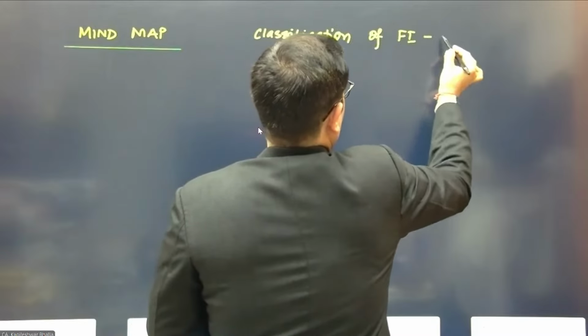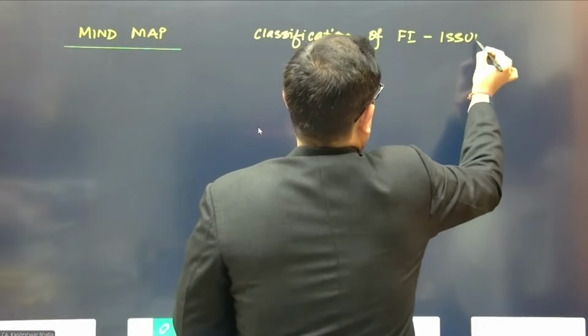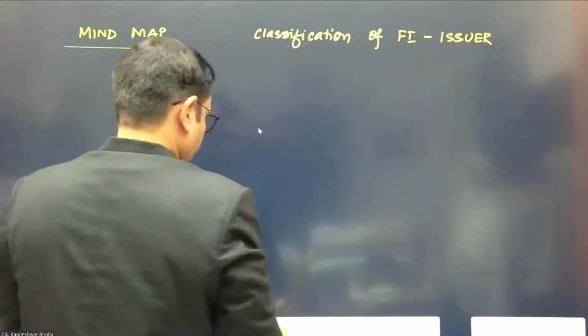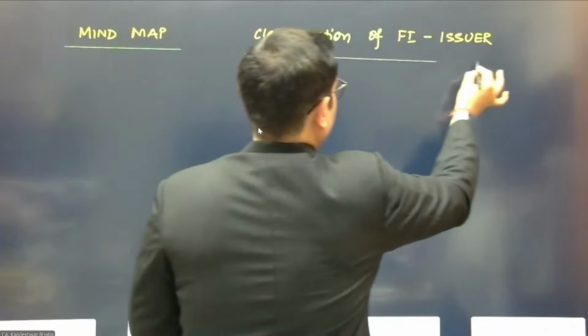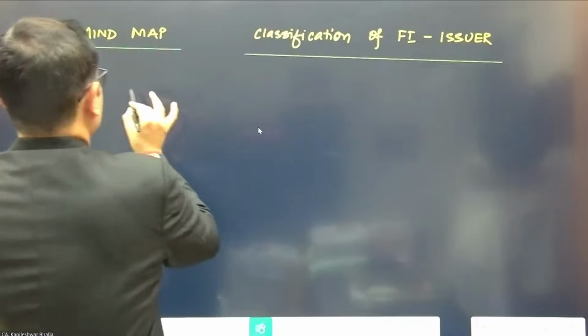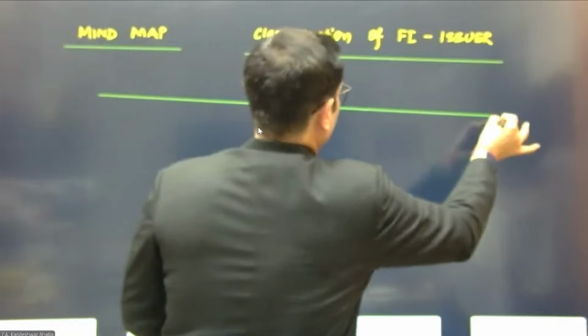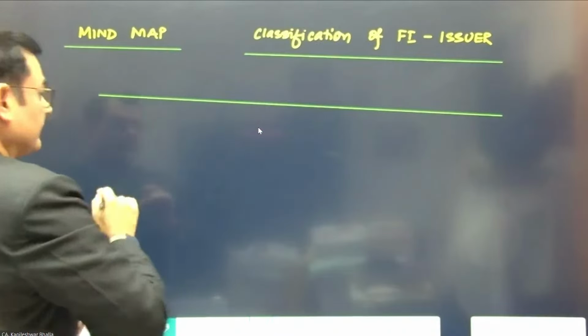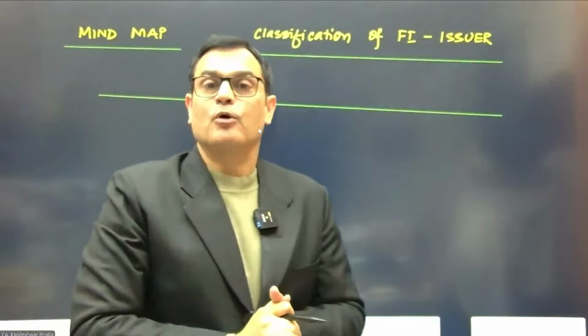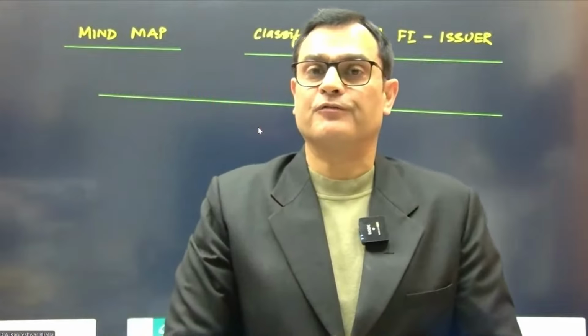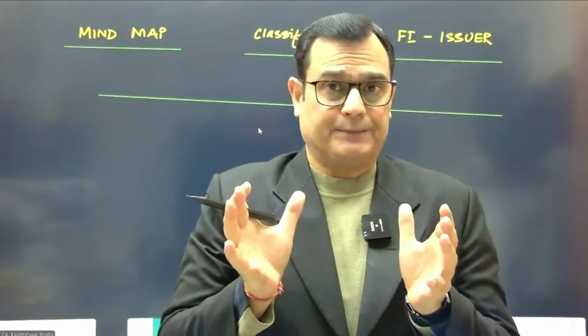So I would say that if you start looking at the classification of a financial instrument from the issuer perspective, let's consider the broad categories in terms of, you can say, four areas.